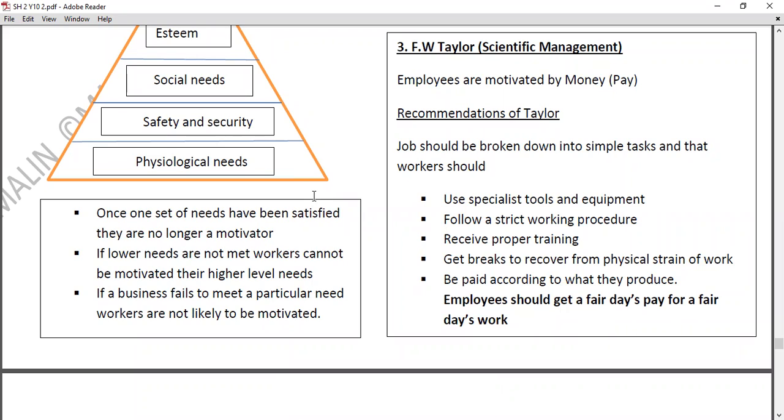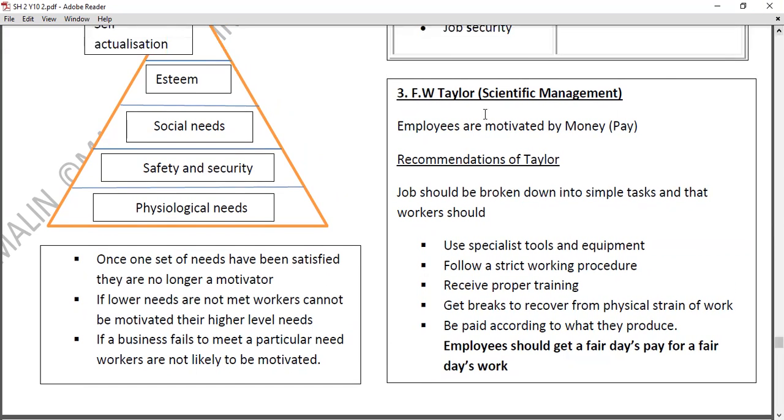Once it's satisfied, it is no longer a motivator. Second point, if the lower needs are not met, workers cannot be motivated at the higher level. As I told you, the person who needs good pay will not be motivated by being given teamwork. Therefore, first you should fill the lower level needs, and only then reach the top level needs.